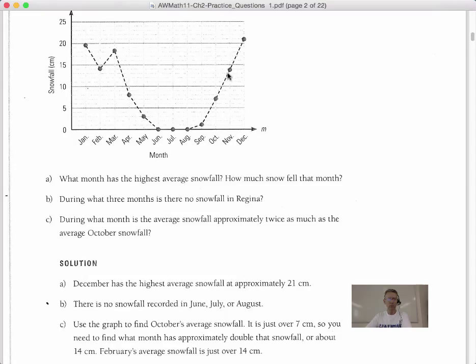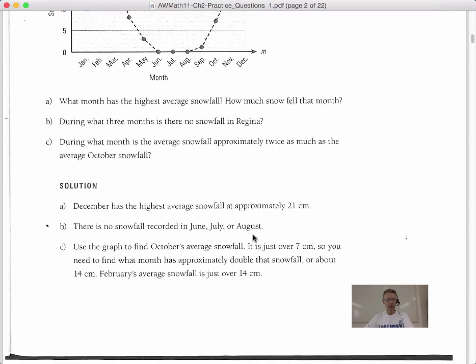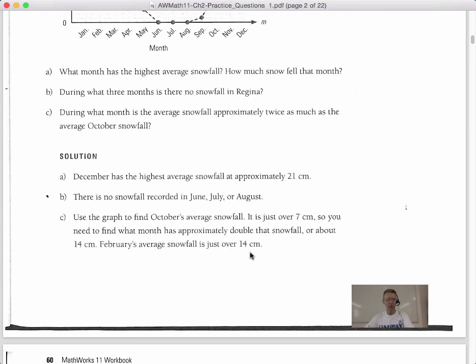Well, that looks like November, possibly also February. Looks like there's 2 options there. So February is definitely at the 14 mark. This looks like it's just below, so maybe the answer is February. And they have February is 14.